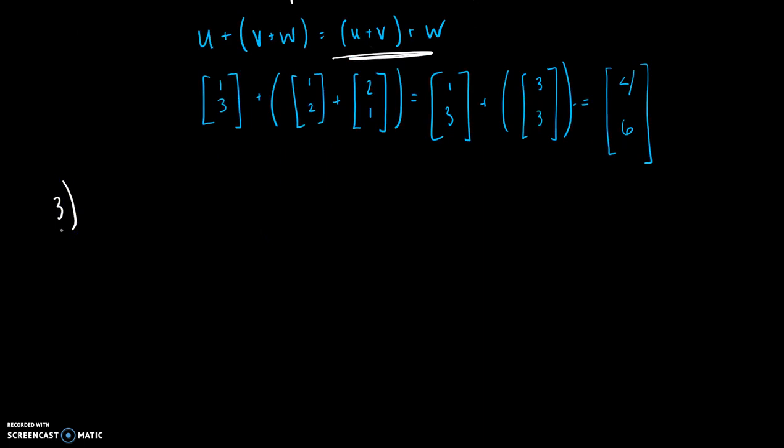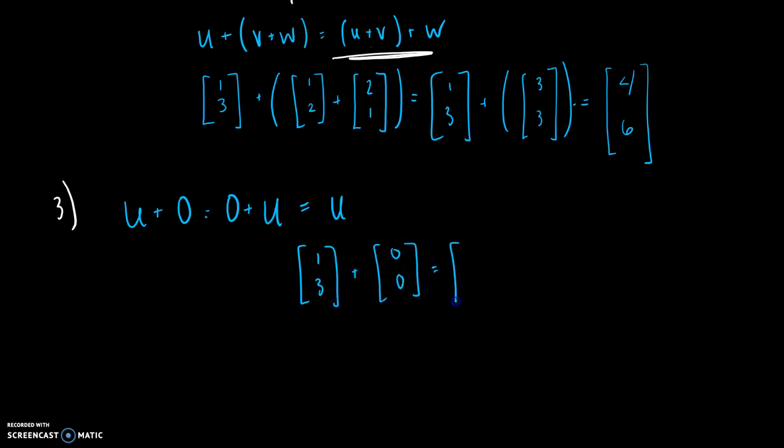Property 3, what we have for 3 is a pretty important one, and that is u, or any vector for that matter, plus the 0 vector is equal to the 0 vector plus u. That's kind of just using the first property we learned, which is just equal to u. Alright, so in our example we have (1, 3) plus (0, 0) is equal to, well, what do we get?